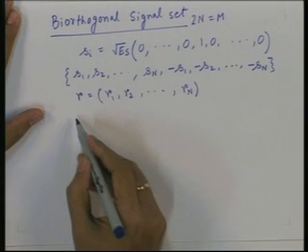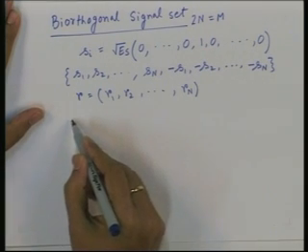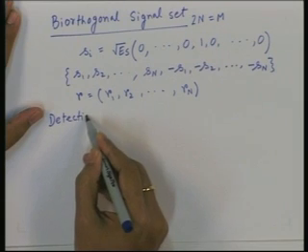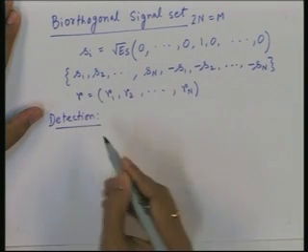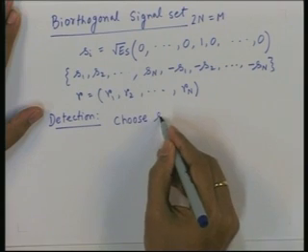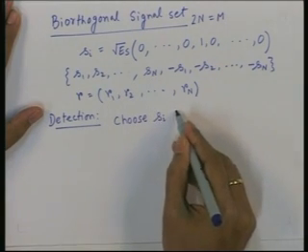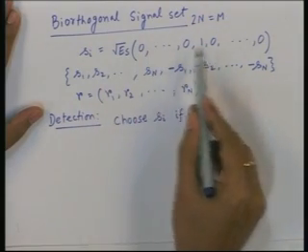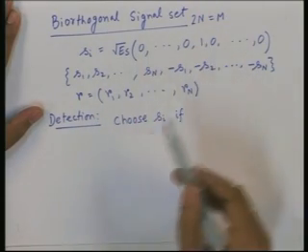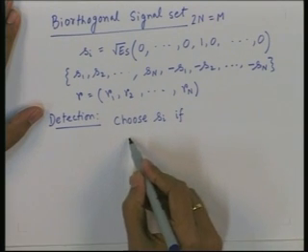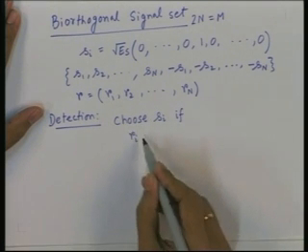So, what is the detection rule? We can say that the detection rule is to choose Si if, remember that Si has all the components zeros and only the ith component 1, Ri, the ith component, is greater than 0.